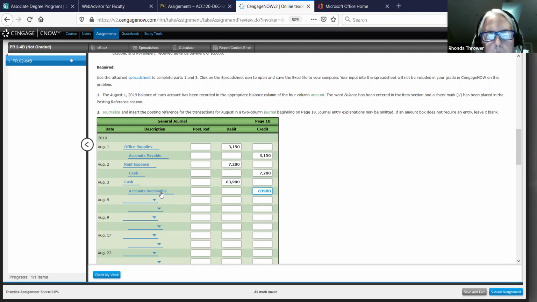But what you need to remember in this chapter is that every transaction has to have at least one debit and at least one credit. And when you're through with the transactions, the total debits must equal the total credits.